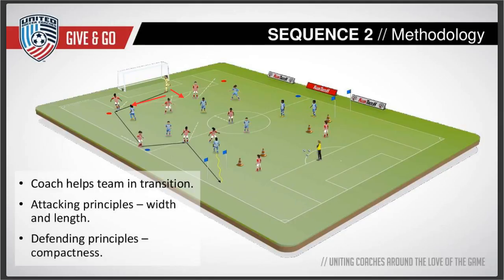This ball potentially could come into one of the 8s, back into one of the 6s, and then looking to change the points and get out through the lines or even through one of the 10s to get out from there. But ultimately, what we're trying to do is to eliminate this first line of players as we break the line into these areas to be able to get forward into the attacking third.